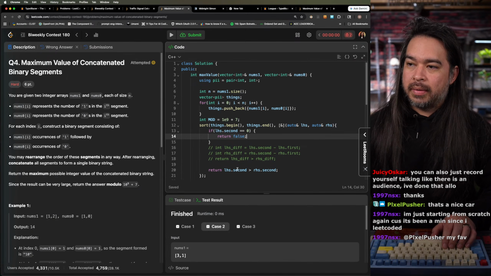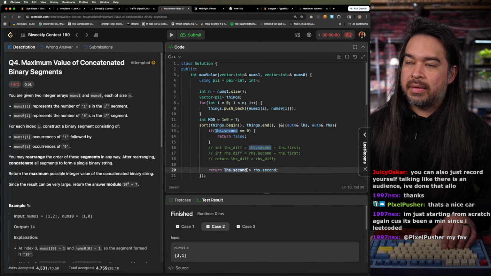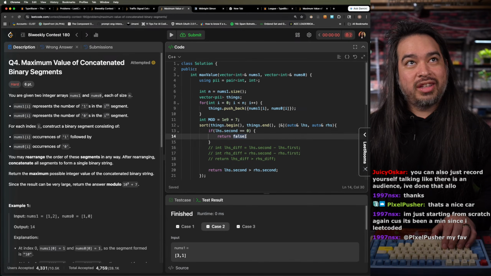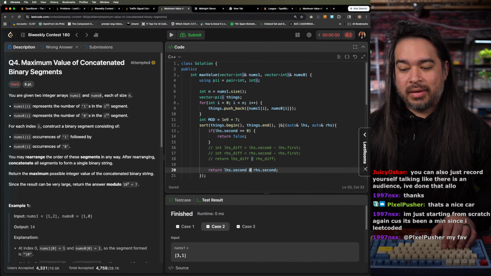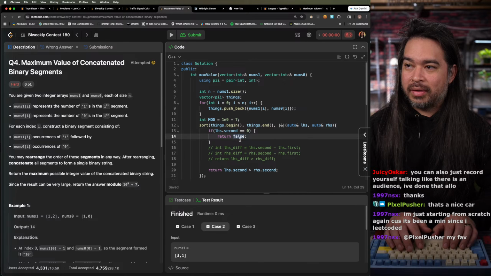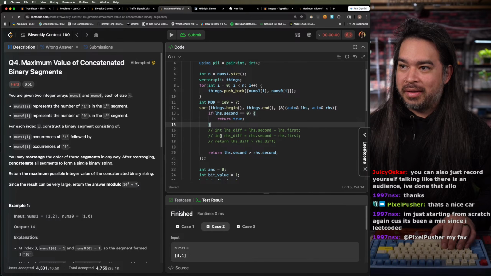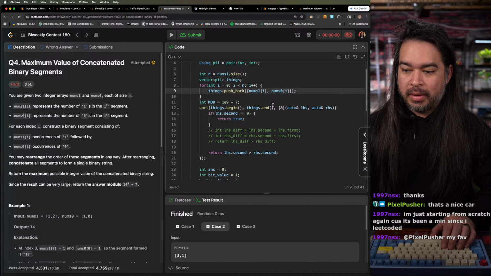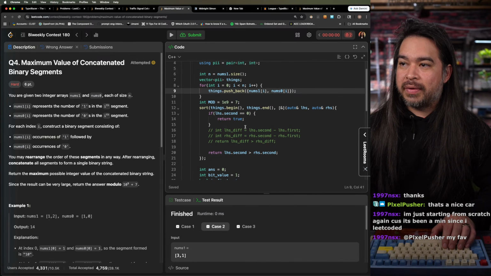Wait, left-hand side. I don't know. Do I return true here? I think. Otherwise, we do decrease. So max ones first.